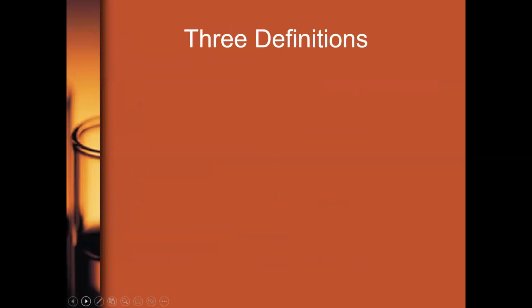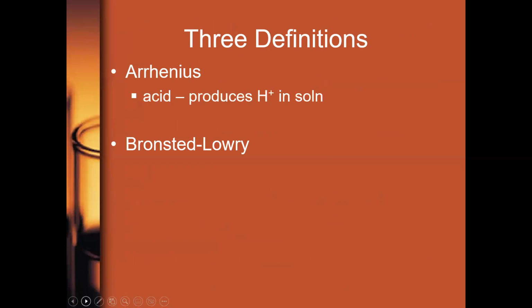So remember, there are 3 acid-base definitions. The common one that we use is the Arrhenius definition. And then we have the Bronsted-Lowry, which is going to allow for more acids and bases. With Arrhenius, an acid produces hydrogen ions in solution.